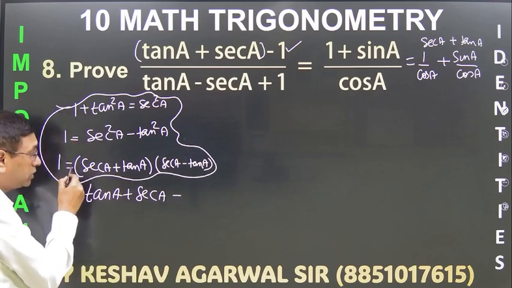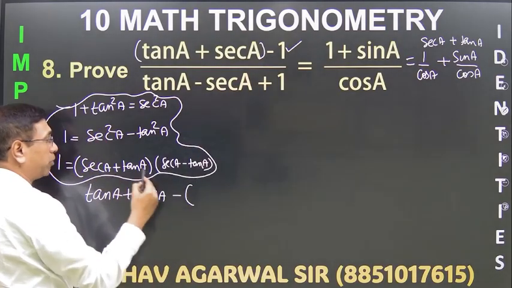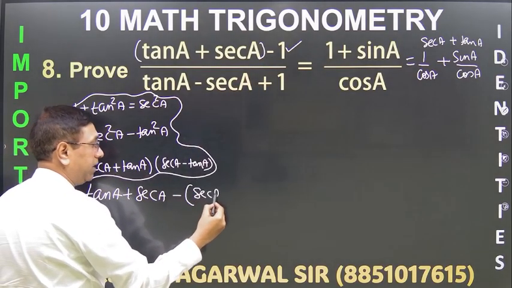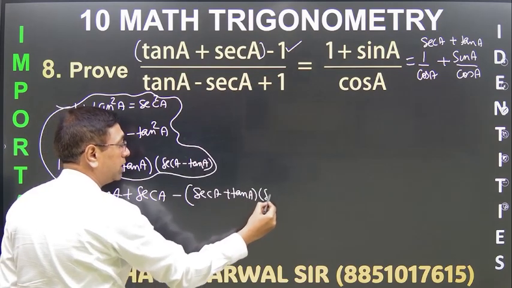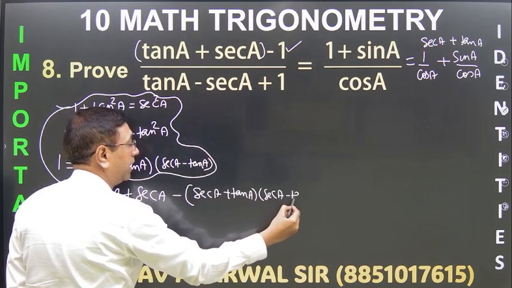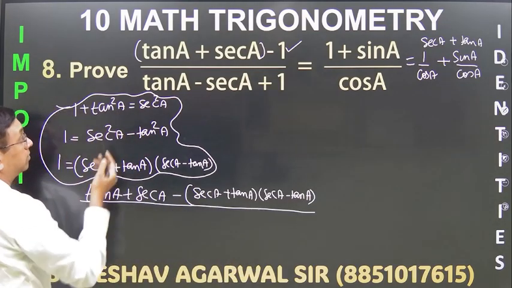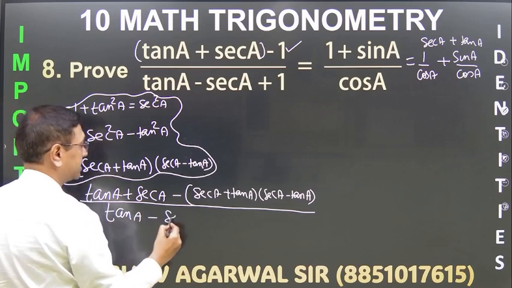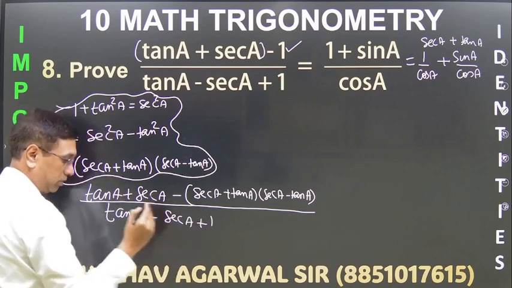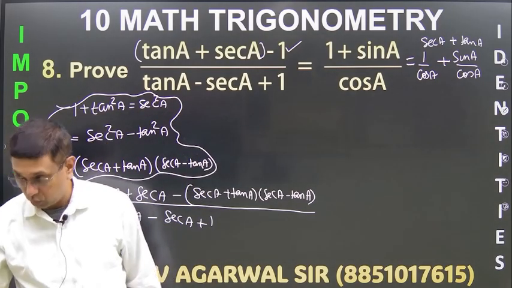So instead of this 1 we are putting sec A plus tan A into sec A minus tan A, divided by tan A minus sec A plus 1. This is what is going to come once we do this.